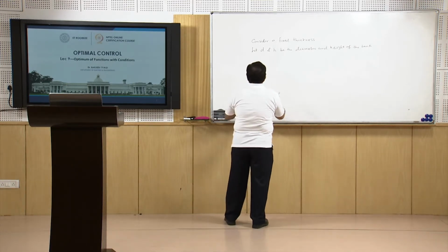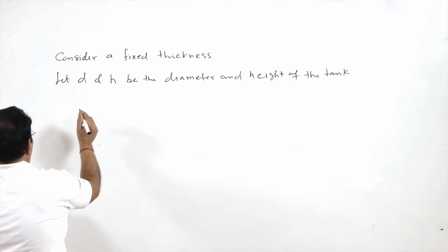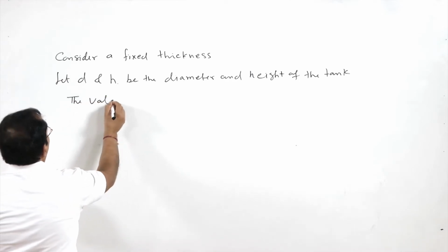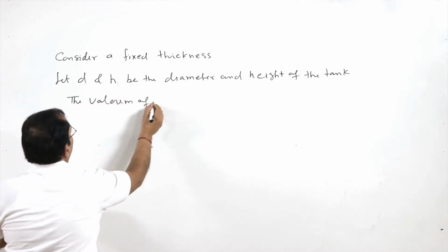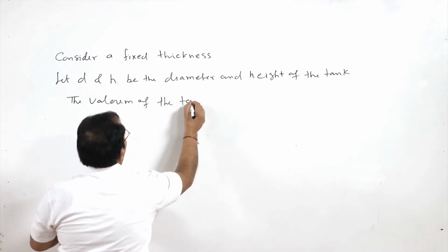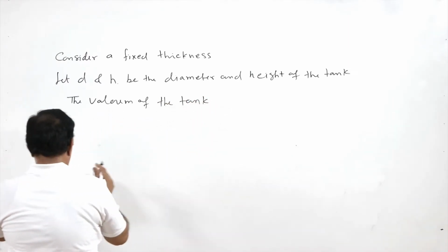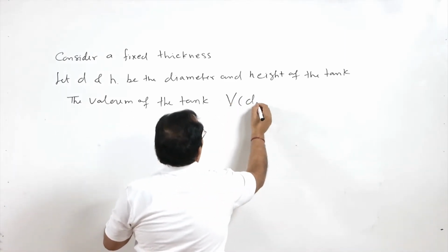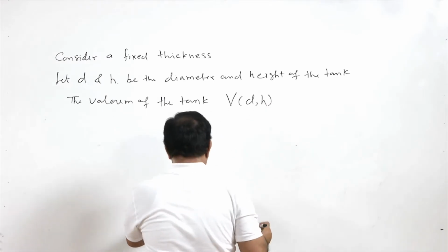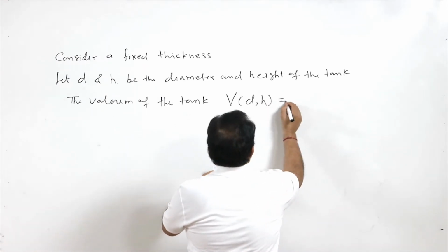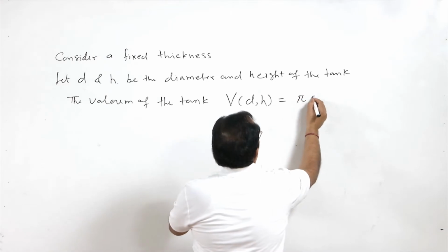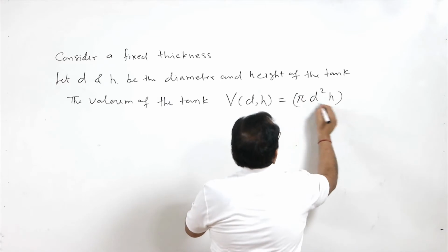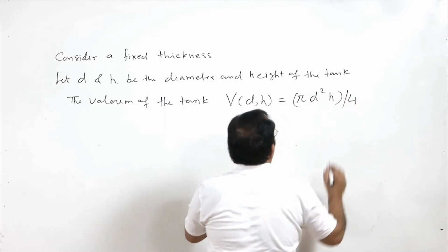So, if D is the diameter and H is the height, then the volume of the tank, which is a function of diameter and height, is nothing but πD²H/4.